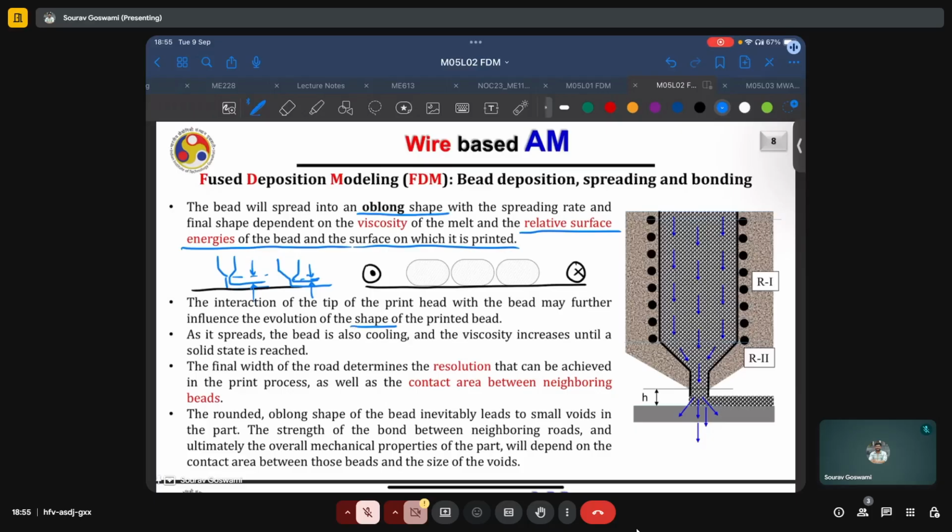As the bead spreads, it also cools, and the viscosity will increase until a solid state is reached.